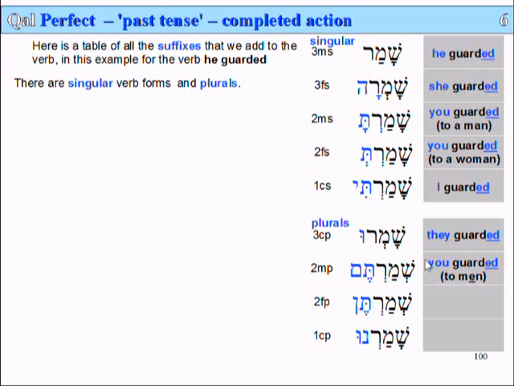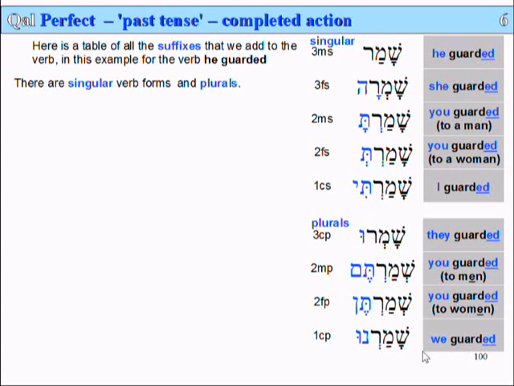So this is to a group of men, whereas that's just to one man, Shamata. But if I want to say to a group of men, you guarded, I say Shamatim. And if I want to say you guarded to a group of women, I say Shamatin. Shamatin, you guarded. And if I want to say we guarded, I say Shamanu.